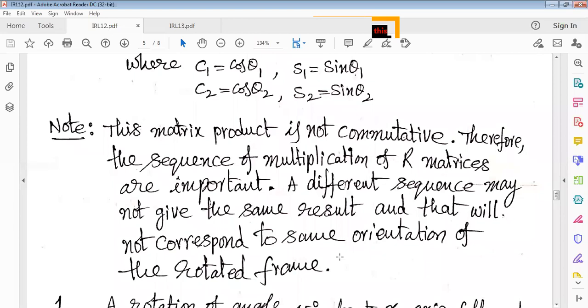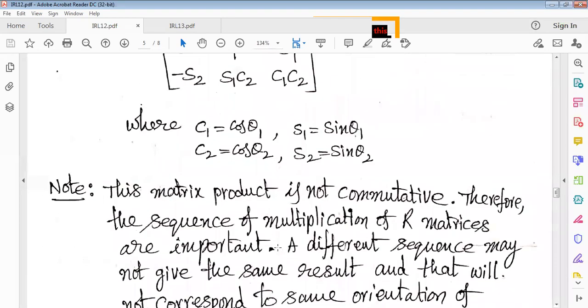Therefore, the sequence of multiplication of R matrices is very important. We have to follow the sequence of multiplication, and if you write a different sequence, you may get the wrong result. Okay.